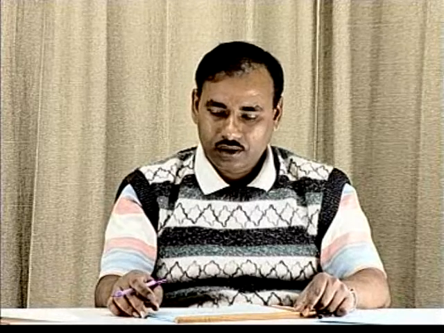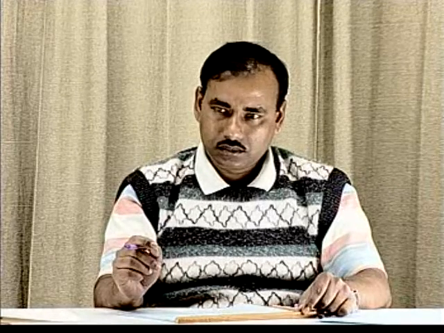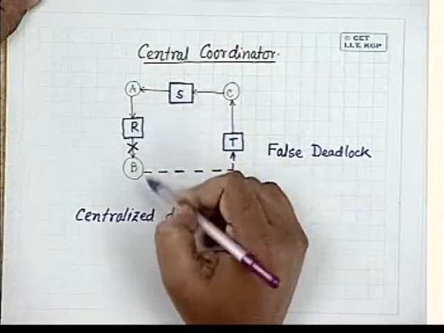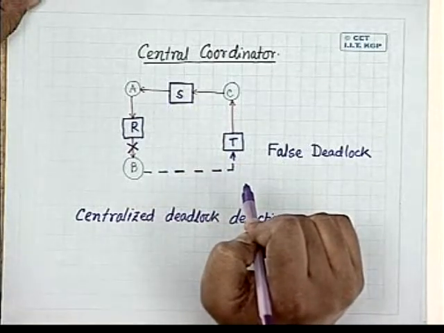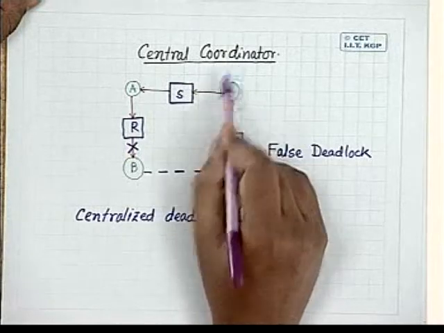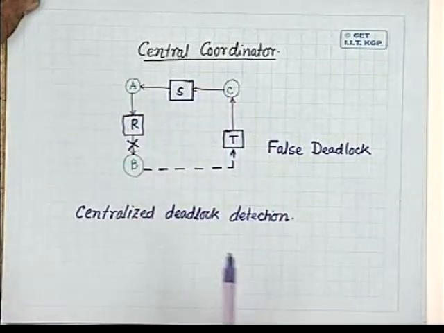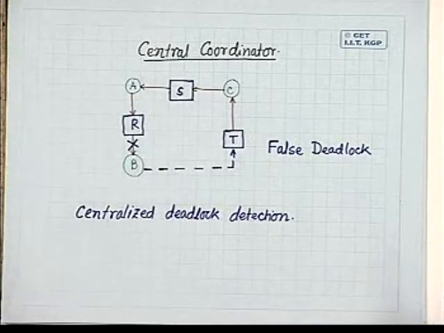And what will happen if B is not freeing resource R? If B doesn't free resource R, then there is an actual deadlock. The central coordinator determines that there is a deadlock and selects one of these three processes to be terminated, following one of the criteria.